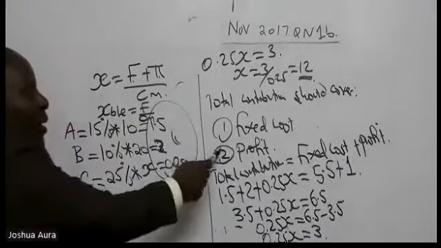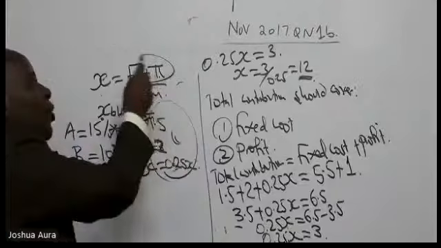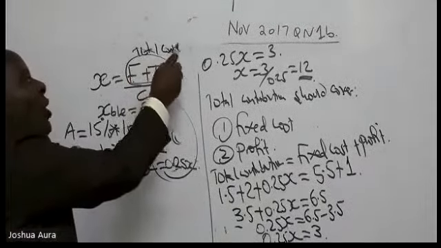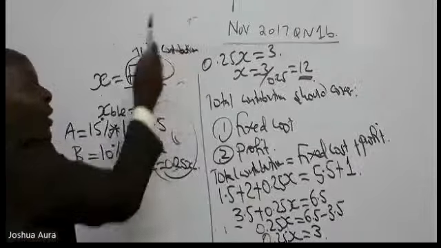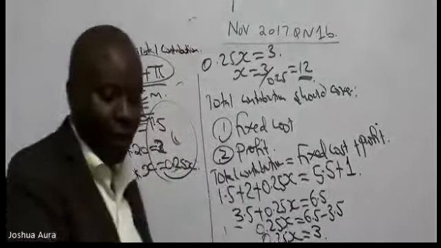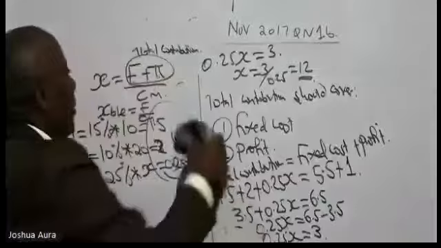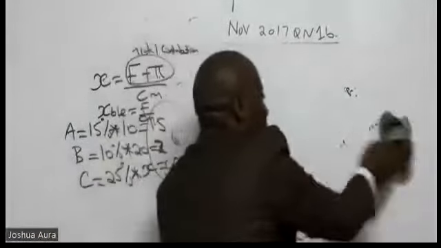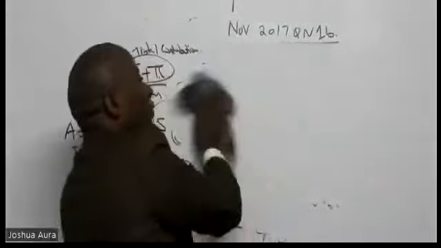Two things here. So it means that this numerator is normally the total contribution. I would want to remind ourselves, ladies and gentlemen, that whenever they want us to get some of these things, we don't have to think about the formula always.